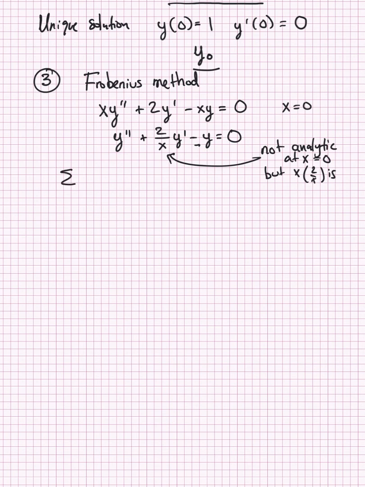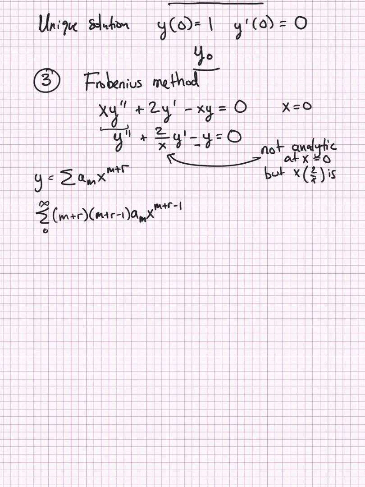It gives us a solution of the form the sum of a_m x to the m plus r. So plug this into the differential equation and see what we get. The first term is the sum of m plus r times m plus r minus 1, a_m, x to the m plus r minus 1, since we're multiplying the second derivative by x.